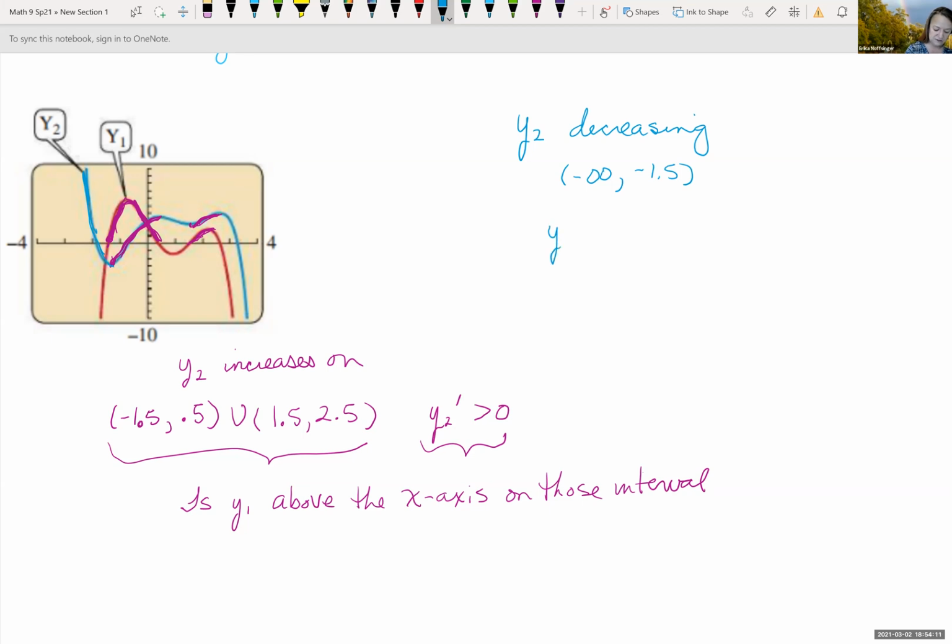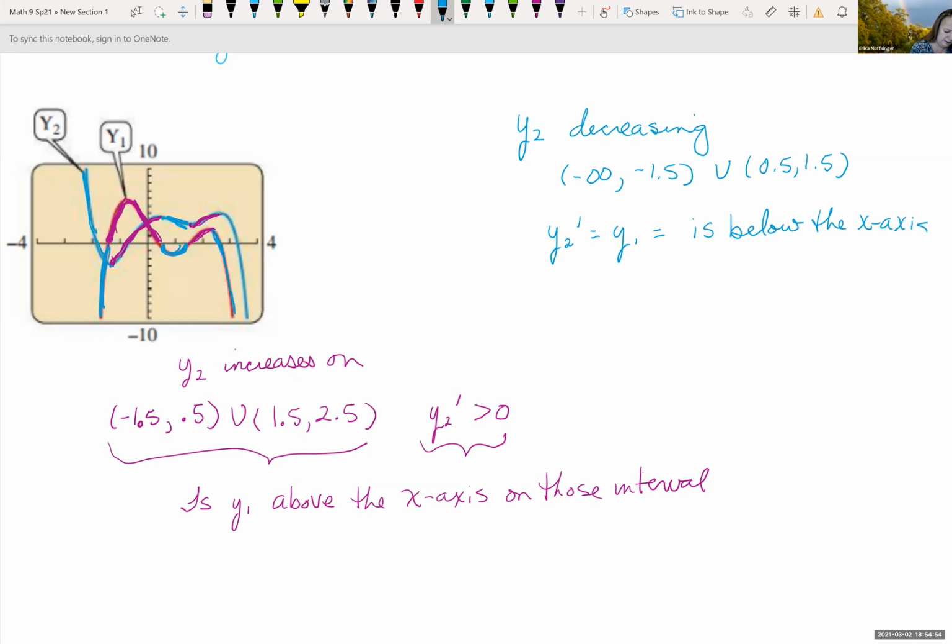So the derivative function, y sub 2 prime, which equals our y sub 1, is below the x-axis. This is below the x-axis here. Decreasing on this interval, and notice we're below the x-axis there. And union, that was 0.5 to 1.5.